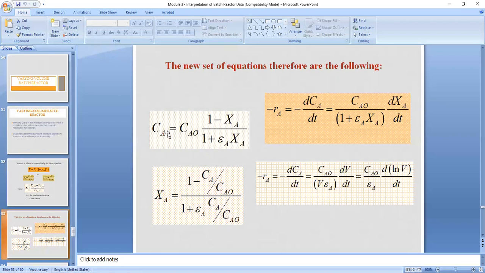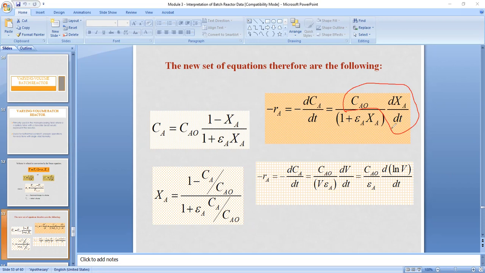Now, when we write our rate equation for a reaction wherein the system varies in volume, instead of writing negative dCA/dt as simply CA0 dXA/dt, if you recall, we only have it like this if it's constant volume batch reactor data: negative dCA/dt is just CA0 dXA/dt.